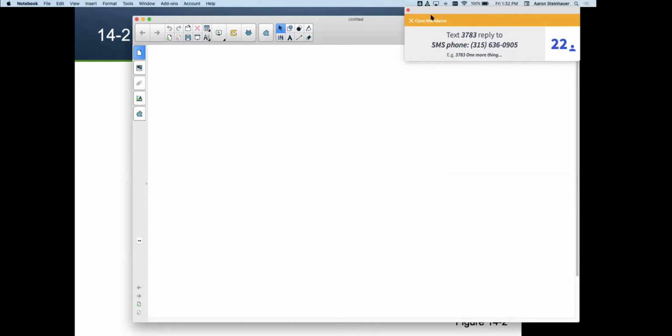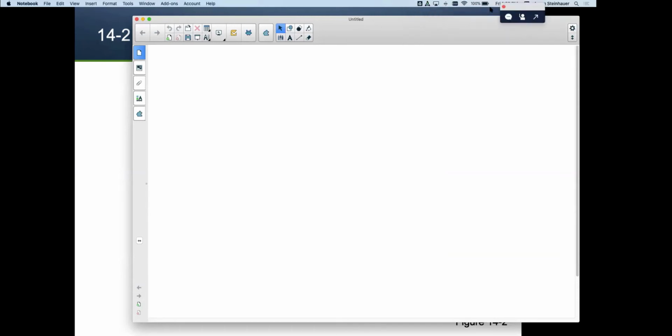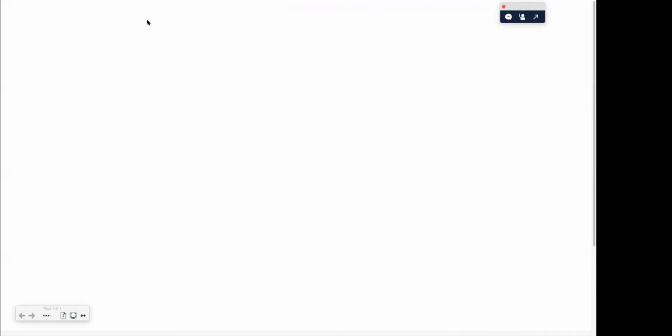I'm closing down the attendance thing now. We got to an equation that looked like this: delta P, the change in pressure, is rho times g times delta y, some change in height.